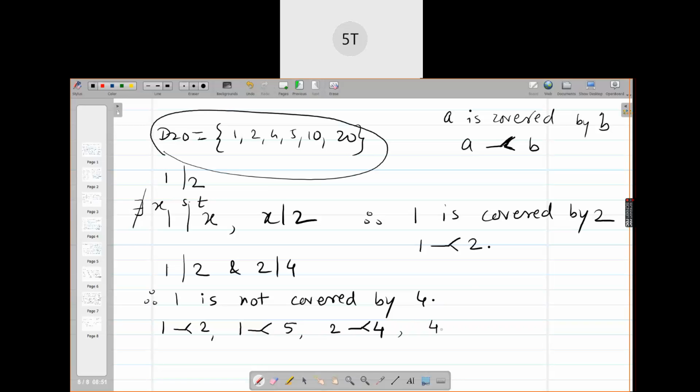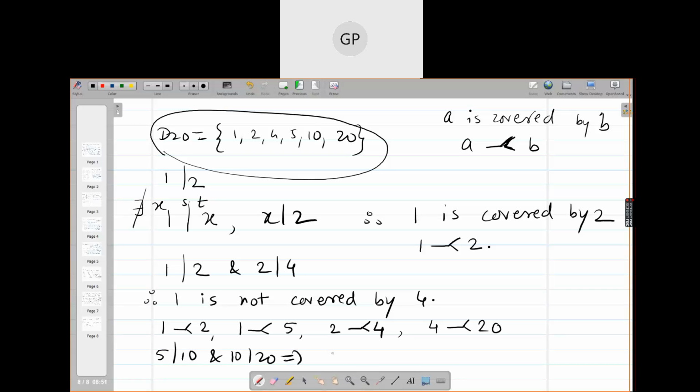What about 4? 4 is covered by what? Directly 20. Between 4 and 20, is there any element of D20 such that 4 divides that number and that number divides 20? No. Now what about 5? 5 divides 10 and 10 divides 20.